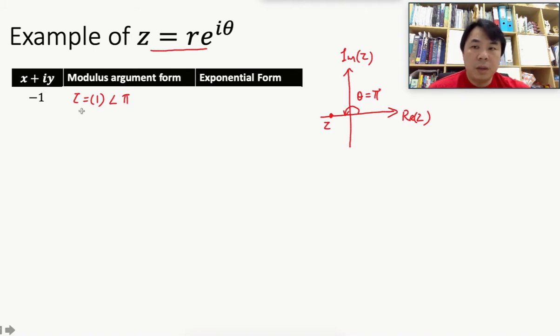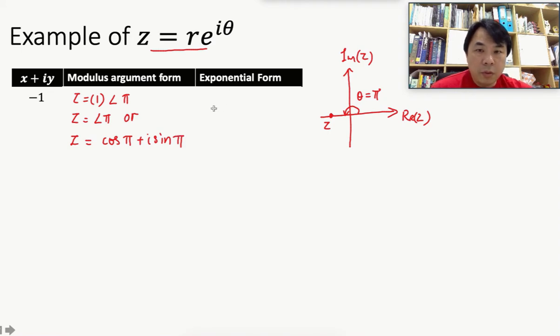You can write it in this format, or sometimes simplify it as just this, or write it in this form, which is 1 cos pi + i sin pi. It doesn't matter which format they are using, all these represent the same modulus argument form.